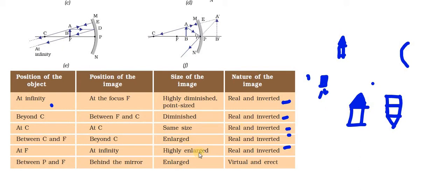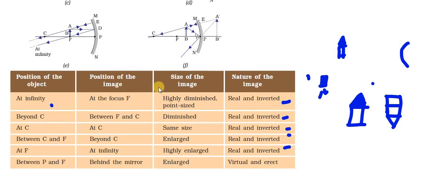It is highly enlarged, real and inverted. If we keep the object between P and F, the image is enlarged, and the image is behind the mirror. If it is behind the mirror, it is virtual and erect.